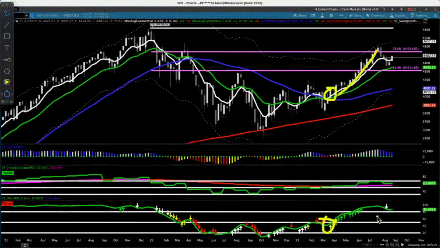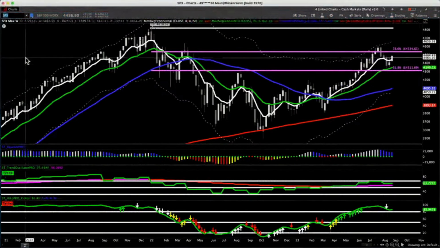Takes you into there. You do have a little bit of down pressure here, but again, we just talked about this. Is this something that I would look at as a major short signal? No. Why? Trend is green, thrust is red. Red and green cancel out. I don't view that as a short.